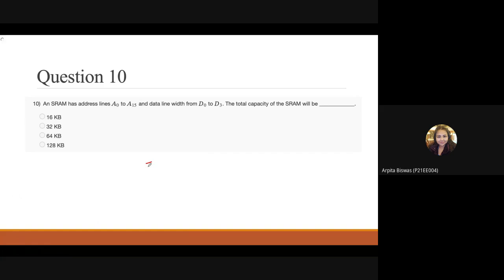The answer is 2 to the power number of address lines into number of data lines.